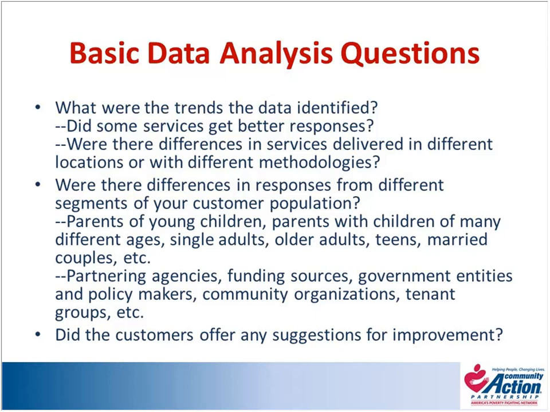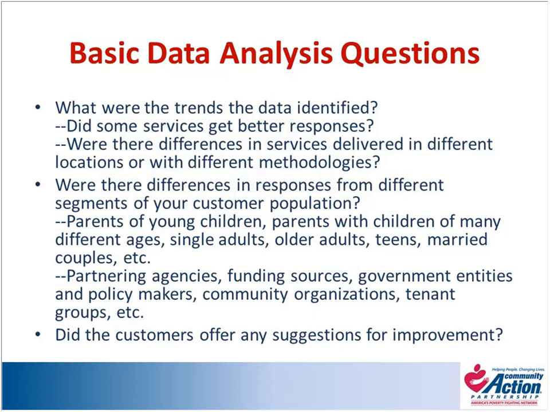You may also look at differences from different segments of your customer population, customers that are receiving different types of services or services at different locations. Your responses may vary, especially if you're an agency that delivers services in multiple counties or in different buildings. You would want to make sure that you're looking at your scores not just in aggregate, but at those different physical places, because staff in one particular area or one particular program may need some additional support, or there may be other issues that you would have to address.